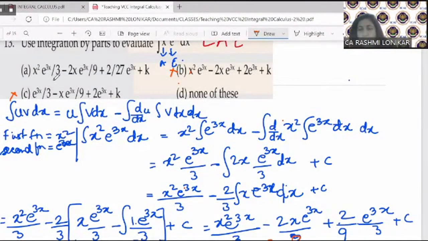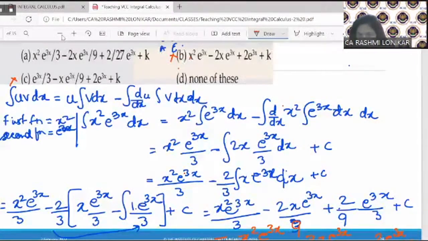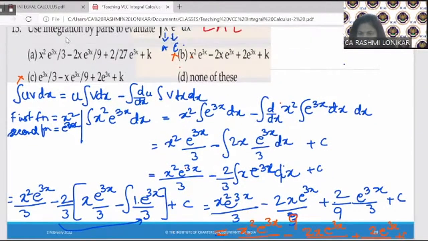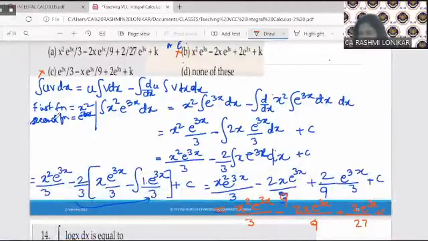Now let us check whether or not option A is correct. Now you can see the answer over here. Do I have the term x square e raised to 3x upon 3?